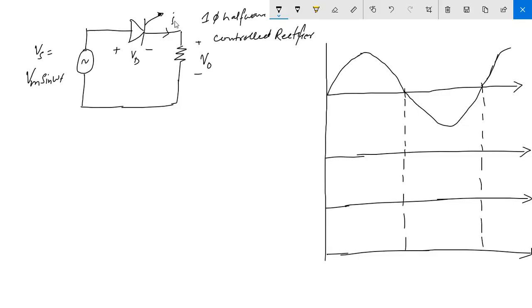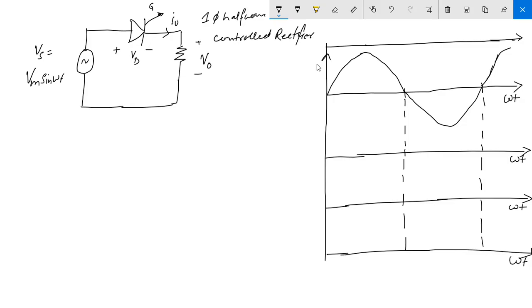Okay, so what happens here? One thing is about your gate. Now here one more terminal is gate, so you have to place one more axis in this. So always remember that this x-axis is omega t. I have missed it in some lectures and given it in others, but still you must remember that this will be your omega t axis.